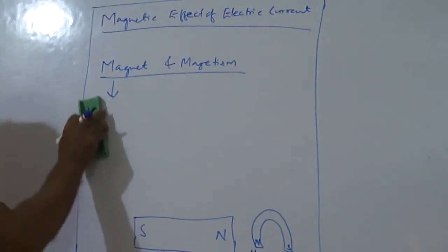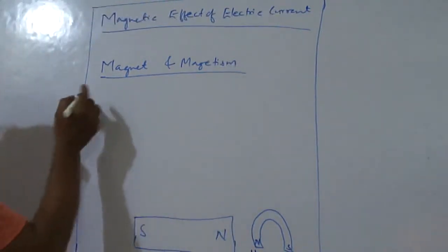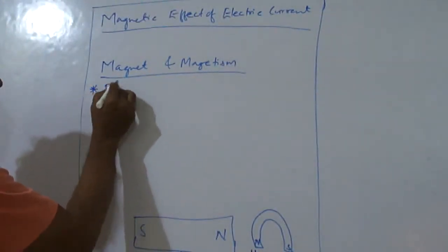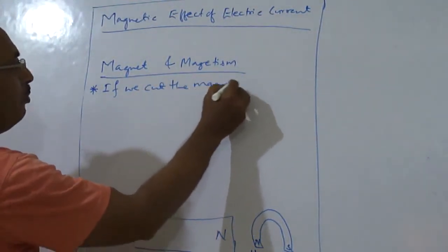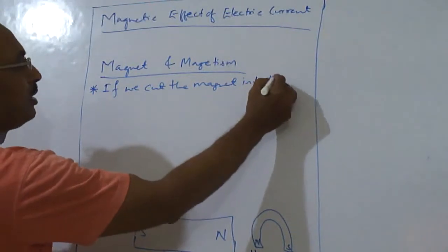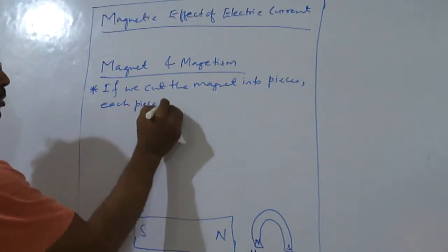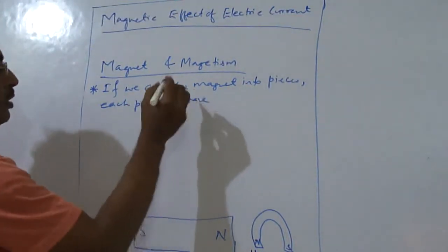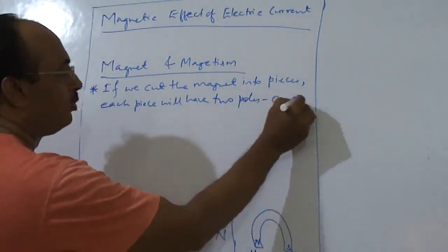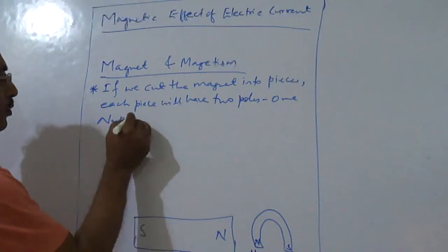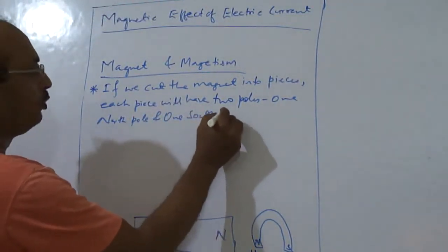Let the bar magnet be there. If we cut the magnet into pieces, correct? Yes, sir. Each piece will have two poles, one north pole and one south pole.